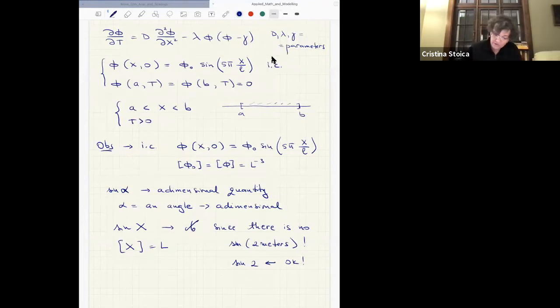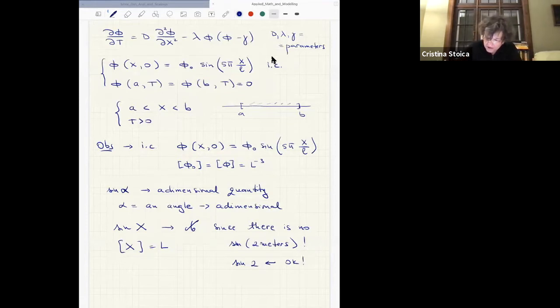So that's why when we're writing this initial condition here, it is a function of x, but then it has to be given in adimensional form, because otherwise it's wrong.